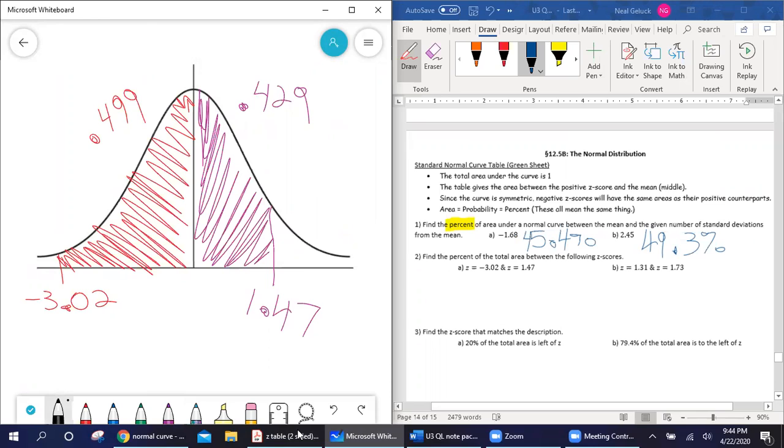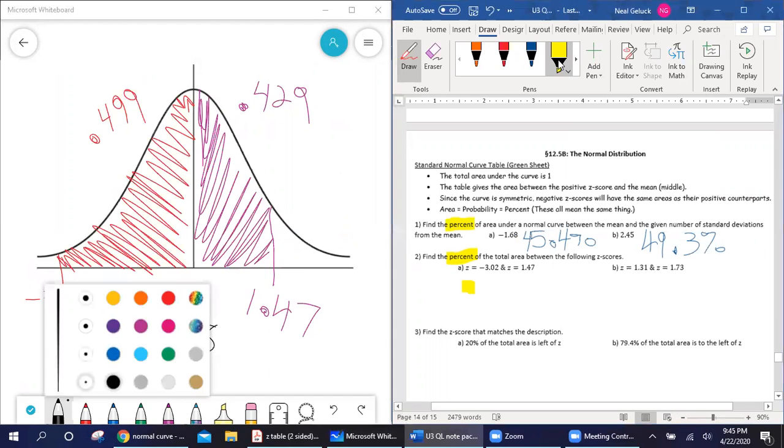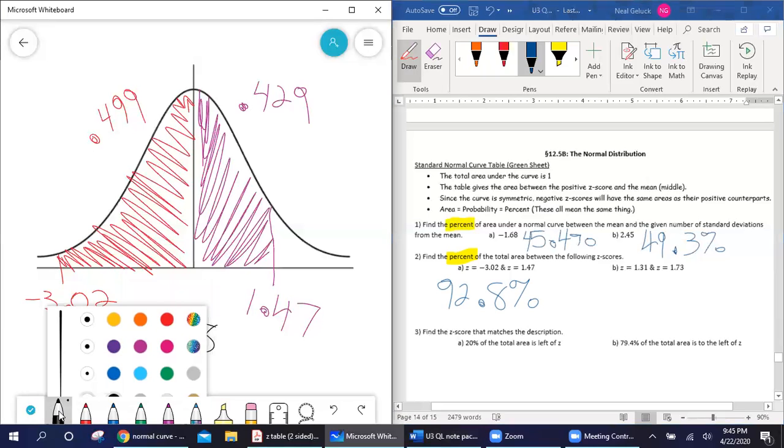If you add those together, you would get 0.928. Again, this problem is asking for a percentage. So I'm going to move the decimal place over twice. Oops, still got my highlighter there. And that's going to be 92.8%. So most of the curve's area is between those numbers. 92.8%, almost all of it.